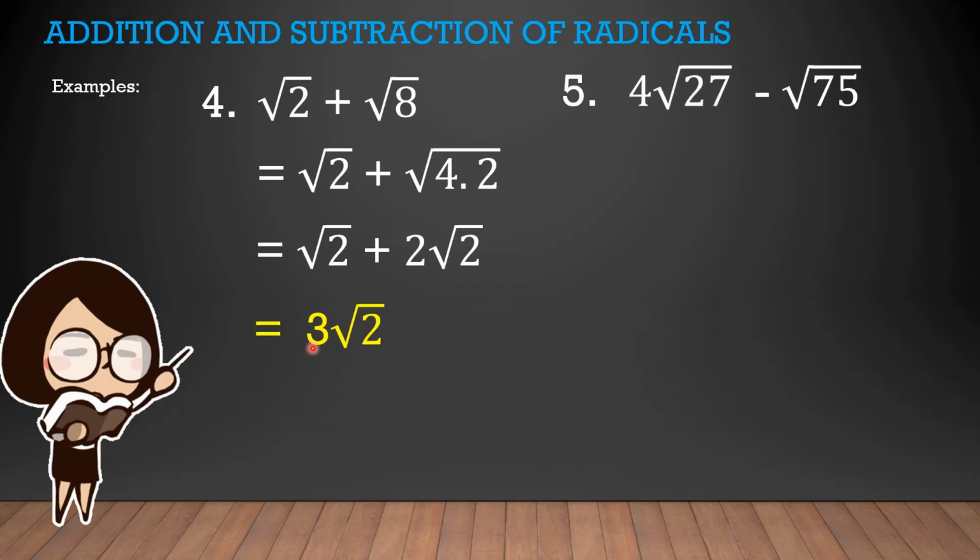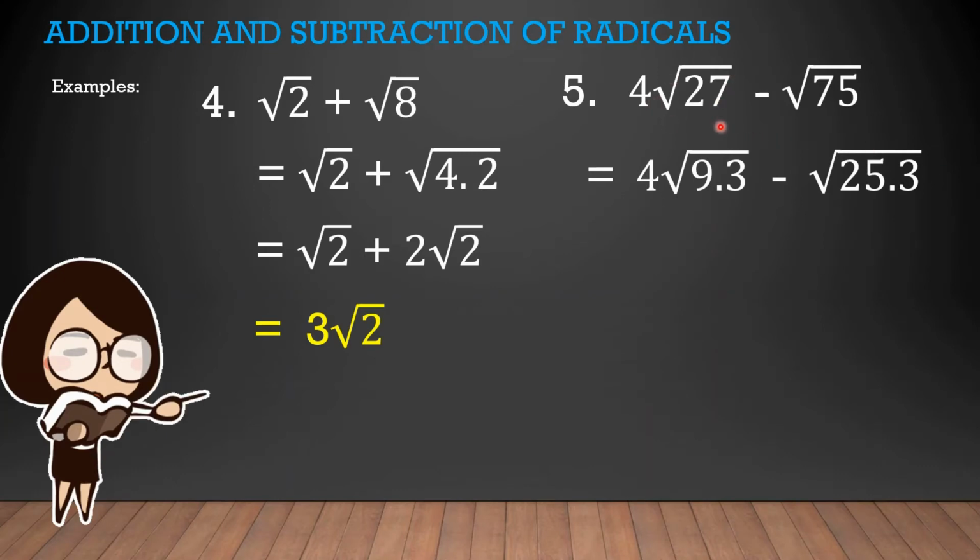Okay, number 5. We have 4 square root of 27 minus square root of 75. So, square root of 27 can be simplified. The factors are 9 times 3. So, 9 times 3 is 27. Then, 9 is a perfect square. And also, the 75, we can simplify.